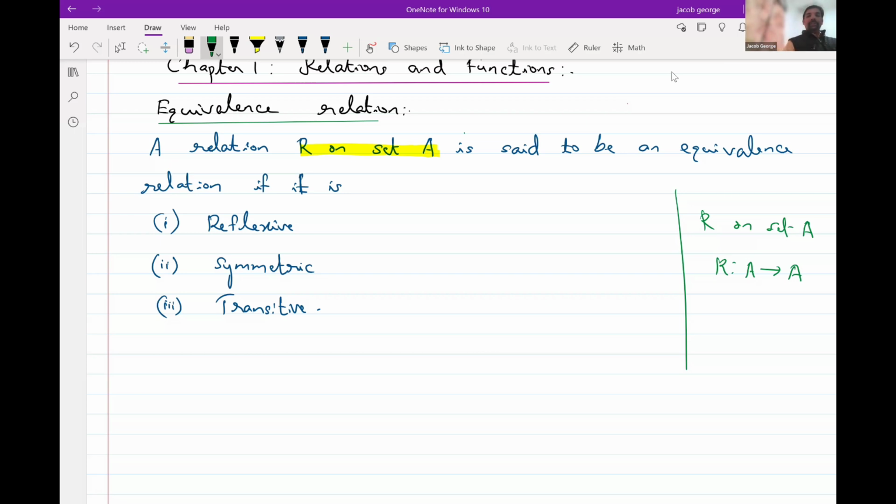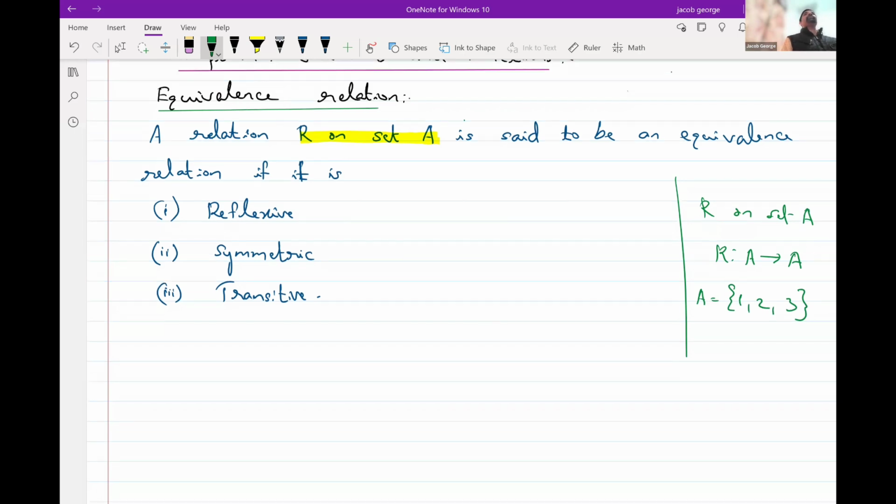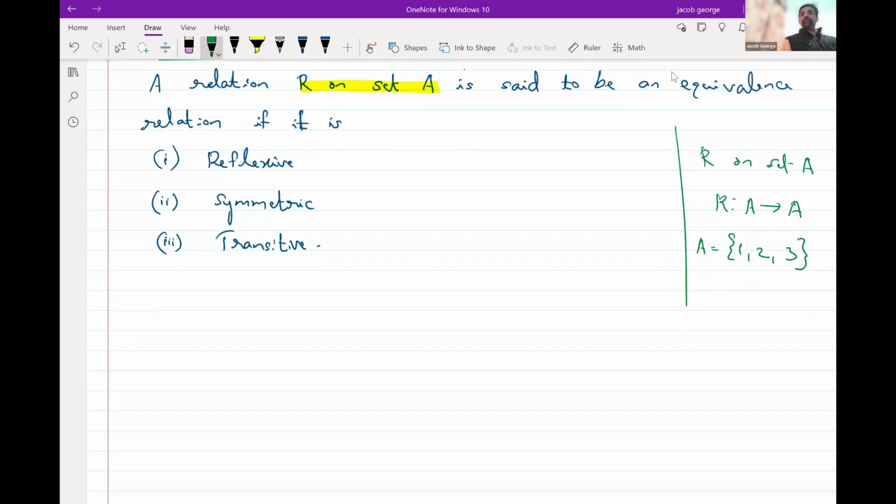If I write a set capital A equal to 1, 2, 3, then R will be from A to A. R is from A to A means the X elements will be from A, and the Y elements also will be from A. If it is reflexive, R must contain (1,1), (2,2) and (3,3). Every element must be there as the image for all elements.